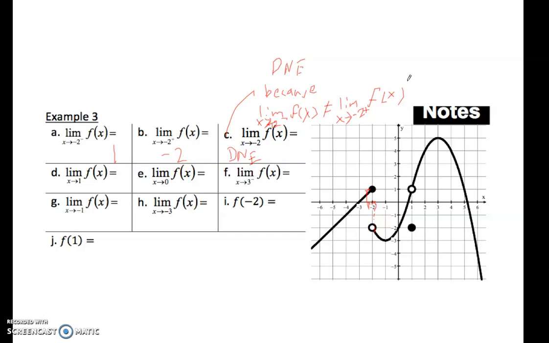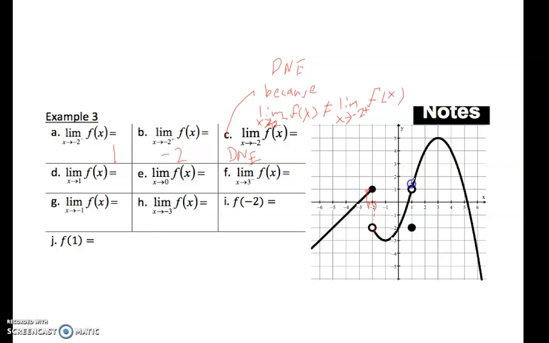All right, part D, we're going to go to the limit as x approaches 1. So here we have a nice removable discontinuity. So we could see that if we plugged in that black dot into the white dot, we'd have a continuous function.